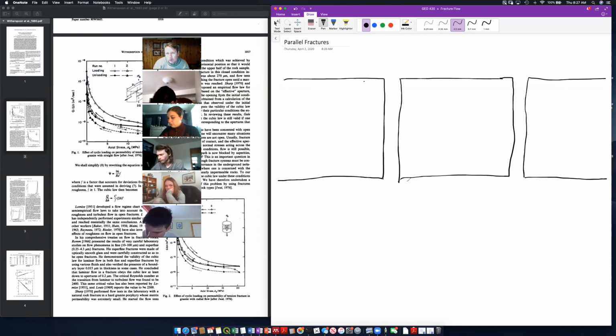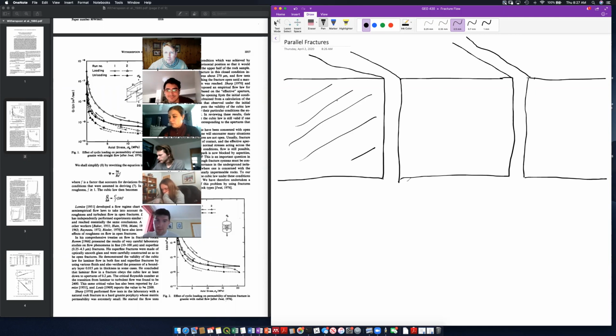And it's important to remember that these fractures have some dimension in and out of the board here. Okay, so here are my matrix blocks.